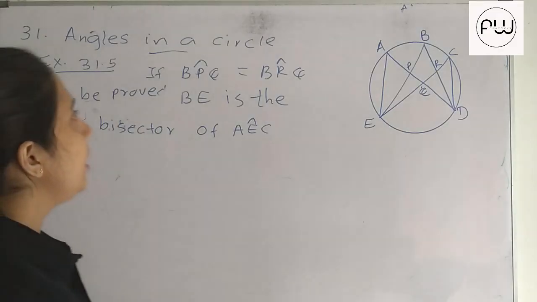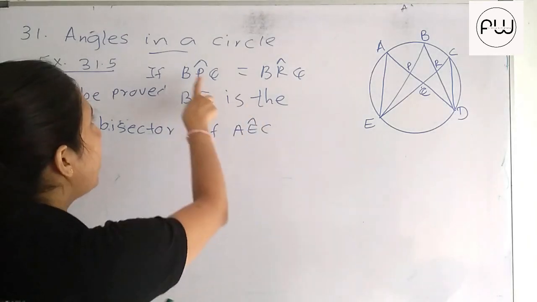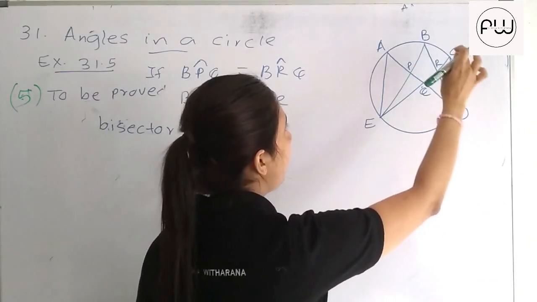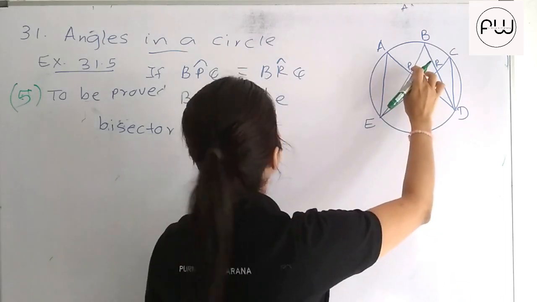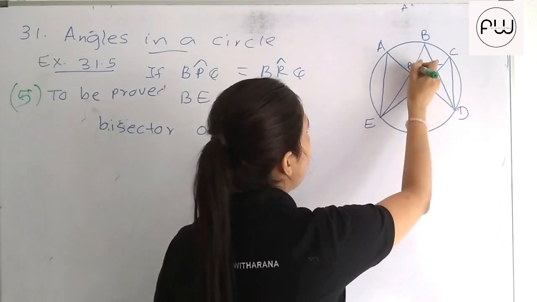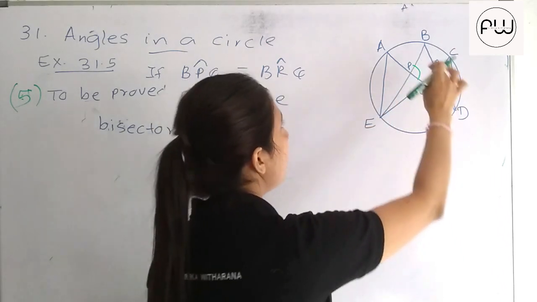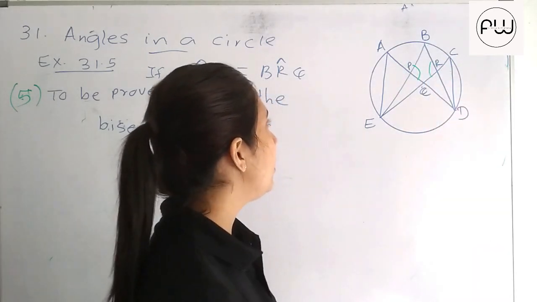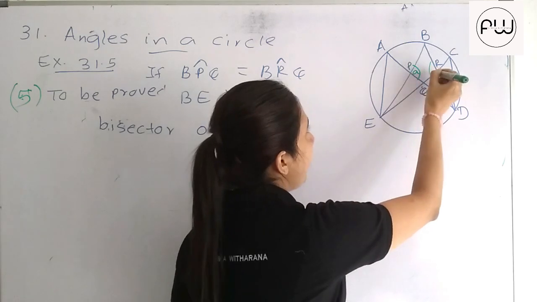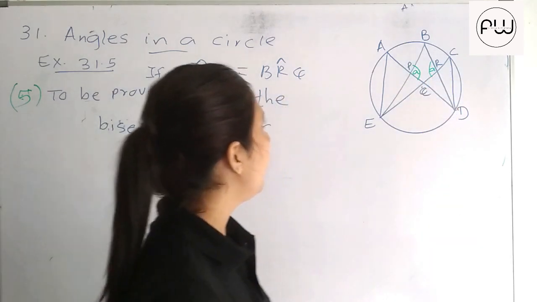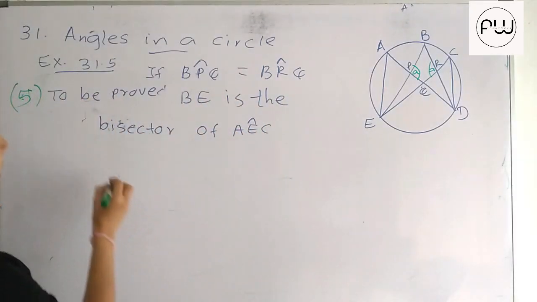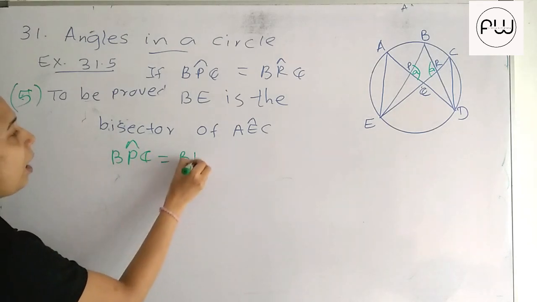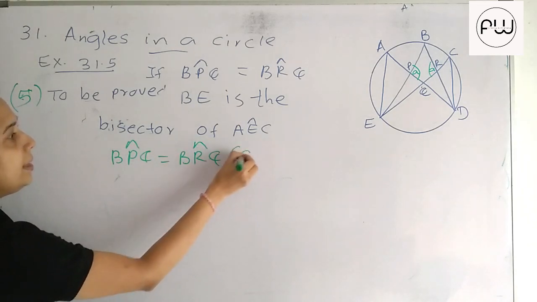Next one. Here you are given one piece of information: angle BPQ equals angle BRQ. Where is P? Here. You are given that these two angles are equal. Now I put A here, then this one should also be A. Then we can write BPQ equals BRQ because it's given.